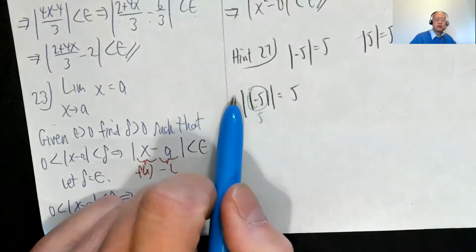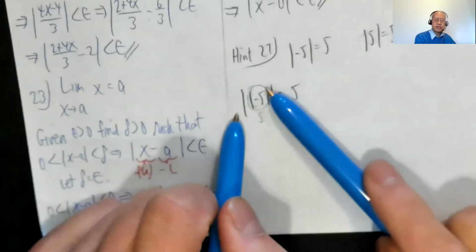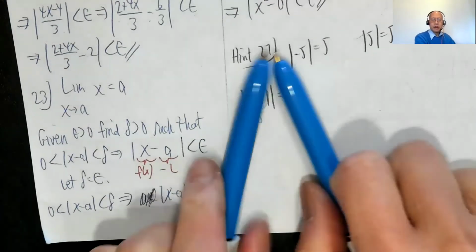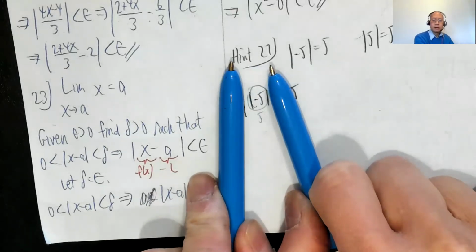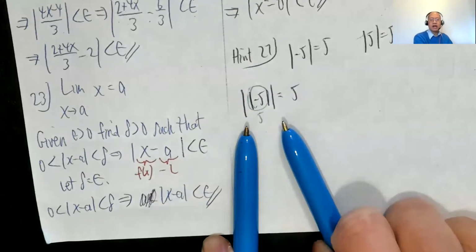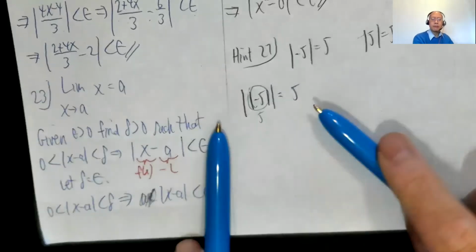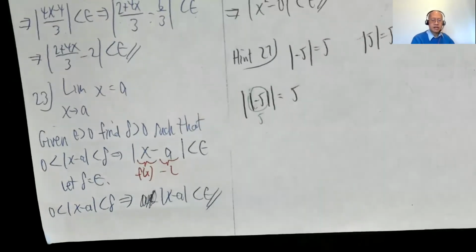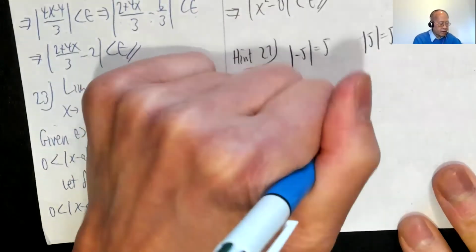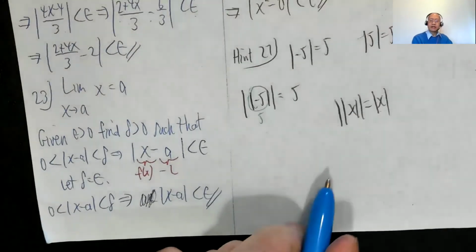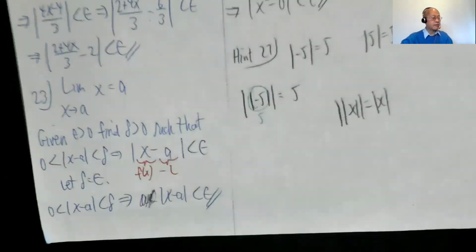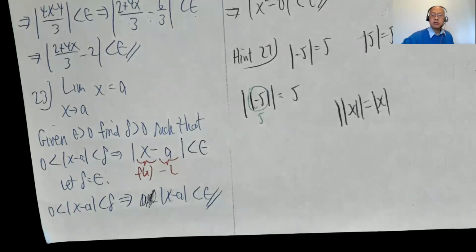But what if you have an absolute value inside an absolute value? Well, it's actually redundant because by order of operations, if I do the inside absolute value, I have 5, right? So that's 5, and now the absolute value of 5 is 5. So if you have double bars, you can basically drop them. In other words, the absolute value of the absolute value of x is the same thing as the absolute value of x. So that's a hint for problem 27. All right, so that was section 2.4.